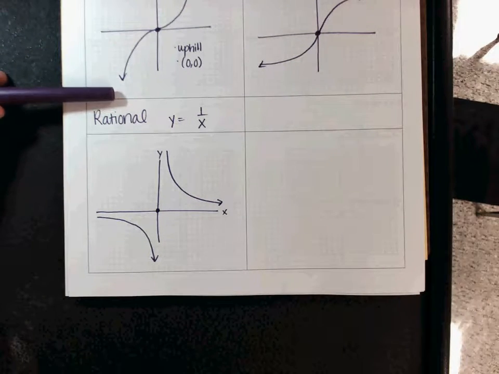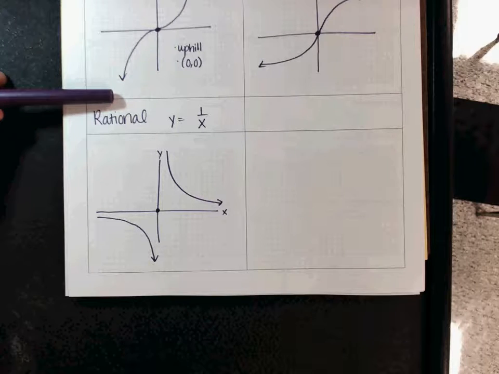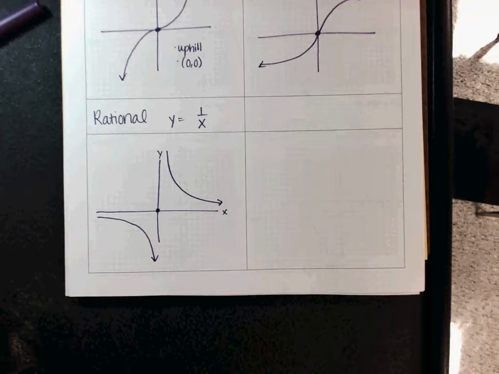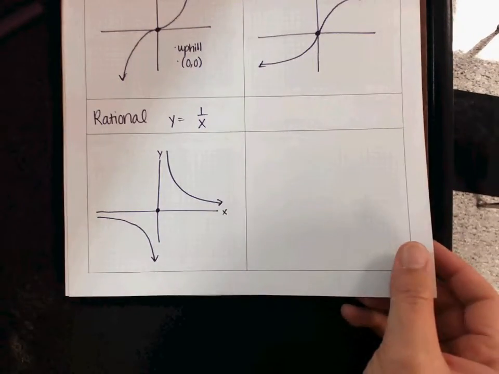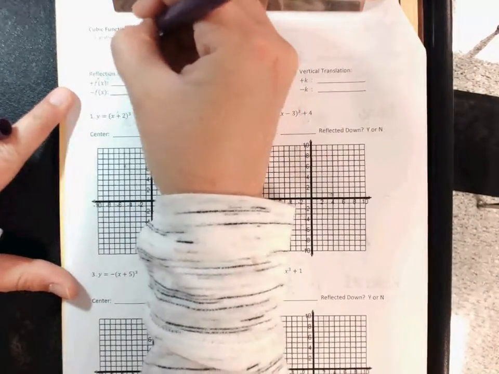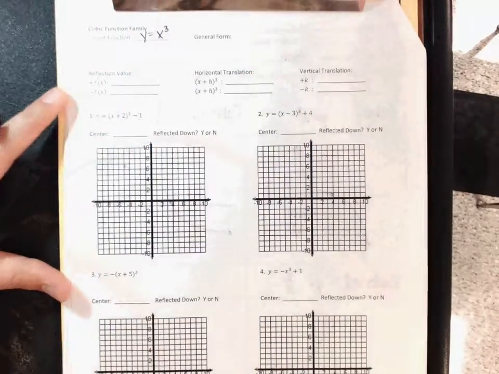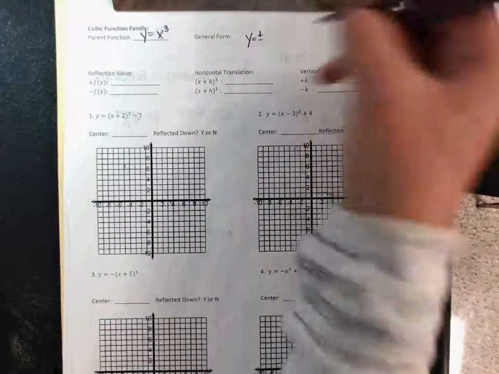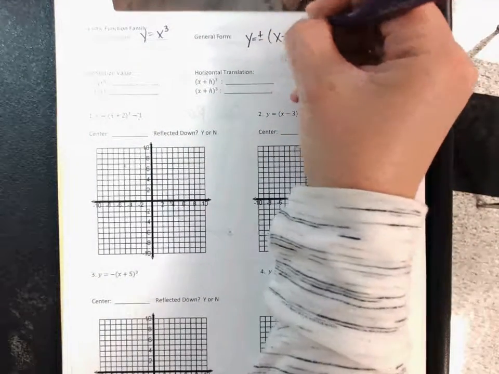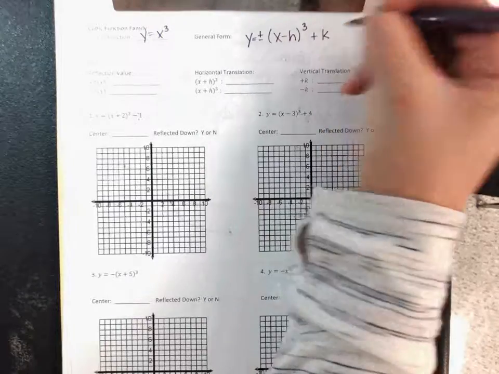All of the rules that we talked about yesterday are exactly the same. The way that it moves, how you can flip it, okay, all of that is the same. Okay, so at the top, our parent function for the cubic family is y equals x cubed. The general form, you're going to have your plus minus in the front. You're going to have your x maybe with a number cubed and then plus k.